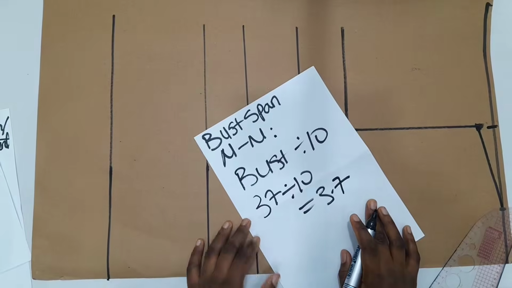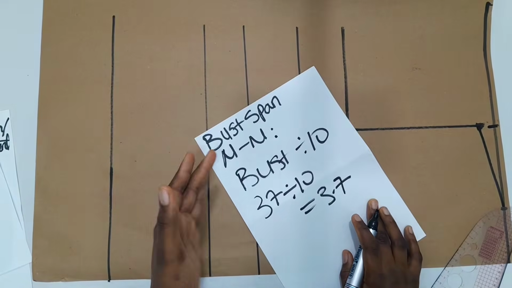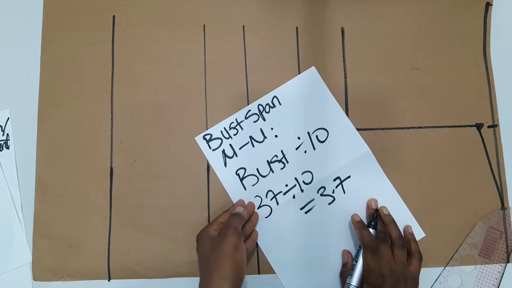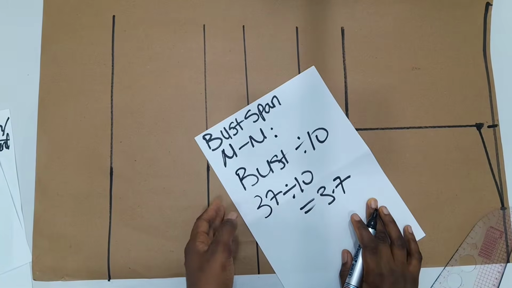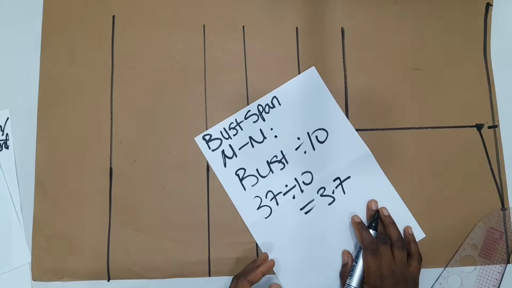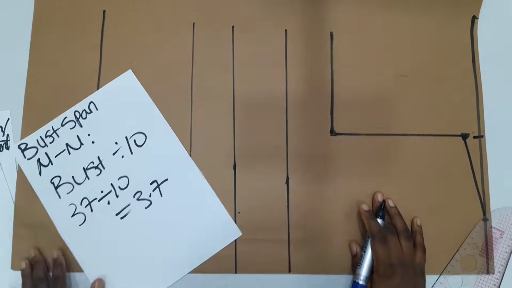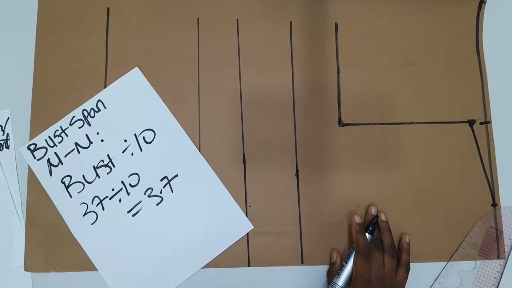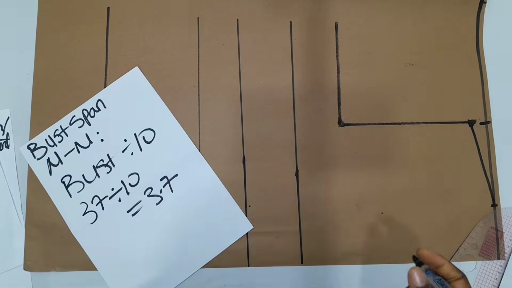Now usually I would use 4 inches because I like to have enough space between my nipple to nipple, but if you use this measurement, it is going to be almost perfect for you. Now I'm going to be using 3.7 because I am drafting this pattern based off of all the measurements that I am getting here. I am not altering anything.